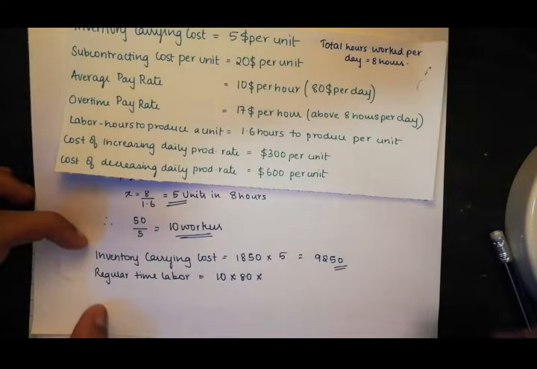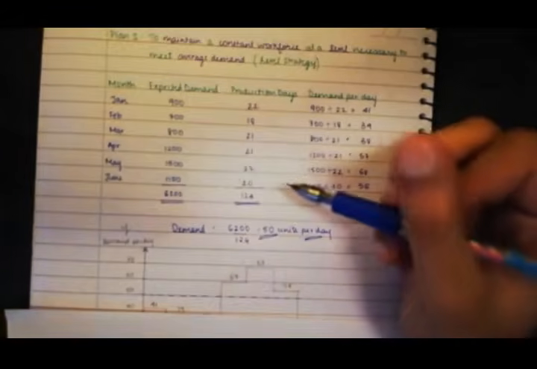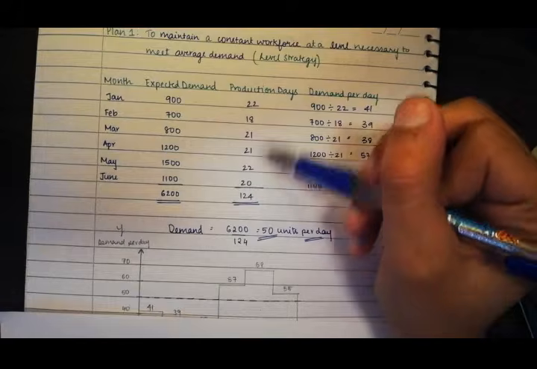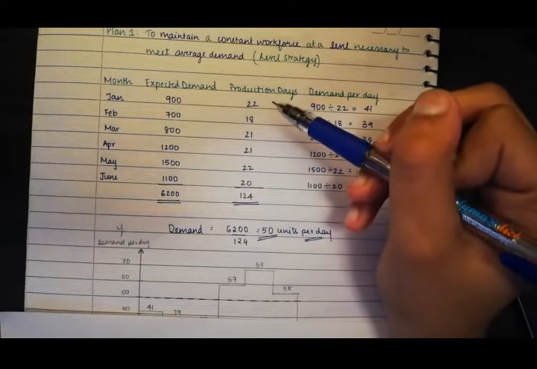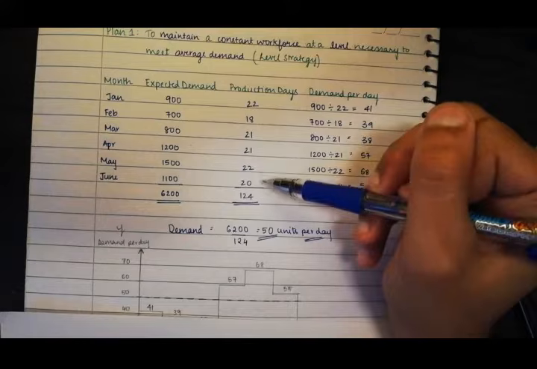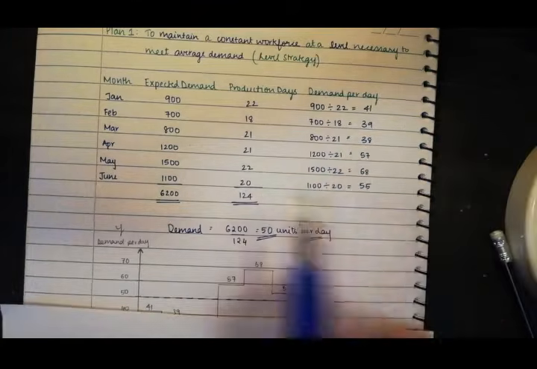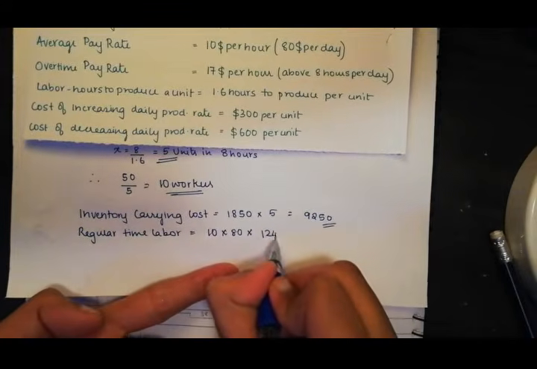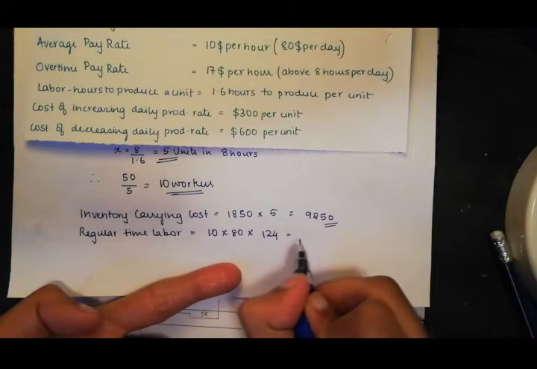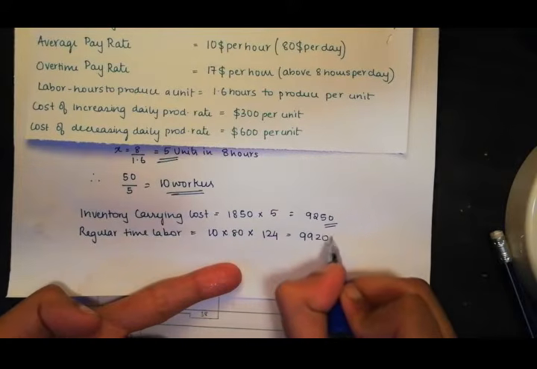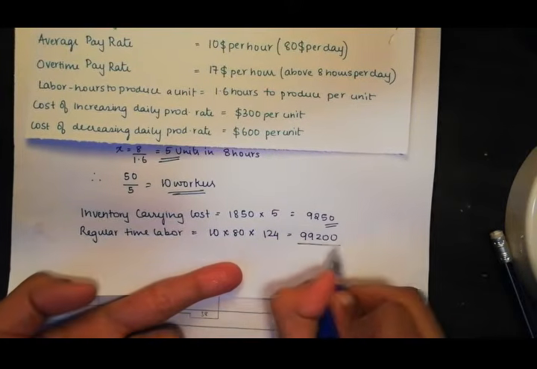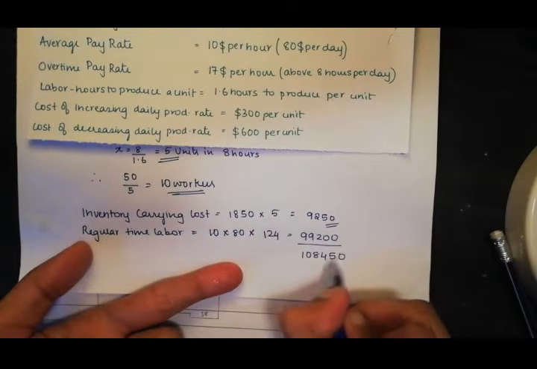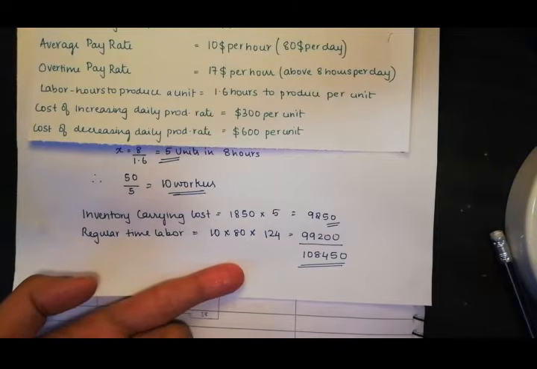It's going to be for 124 days, because we're not going to be producing for a whole 30, 28, or 31 days. We're only producing for this number of days, so we're going to take 124. And that's going to be 99,200. The total of this is going to be the cost of the whole of plan 1.